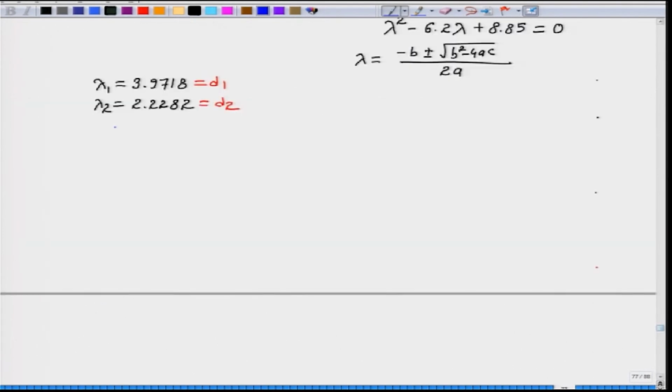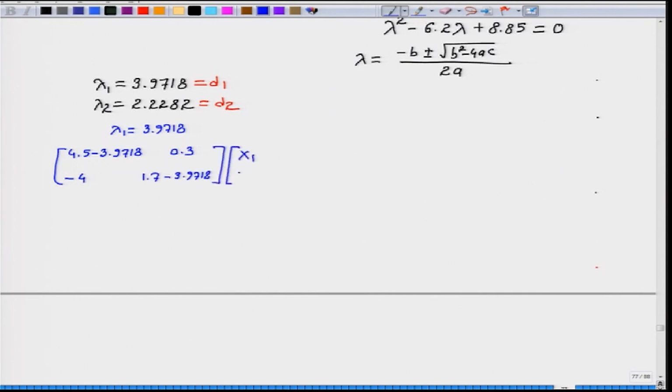So, first for lambda 1 equal to 3.9718, we substitute and get the matrix with 4.5 minus 3.9718, 0.3, minus 4, and 1.7 minus 3.9718, times x.